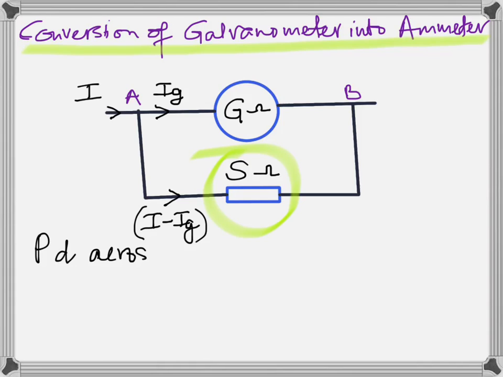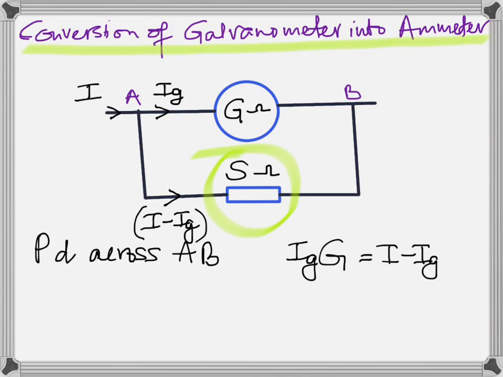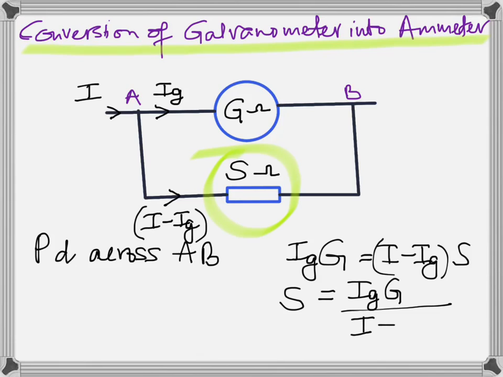So the potential difference across A, B can be written in two ways. Either Ig times G or I minus Ig times S. Because in parallel the potential difference must be the same. Isn't it? Yeah. And now rearrange to make S the subject, and you get this formula: S equals Ig G by I minus Ig. Very important formula there.